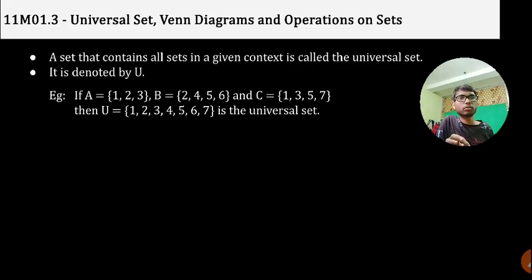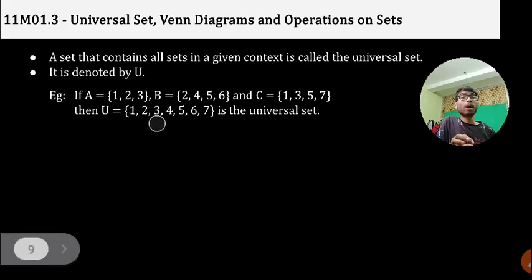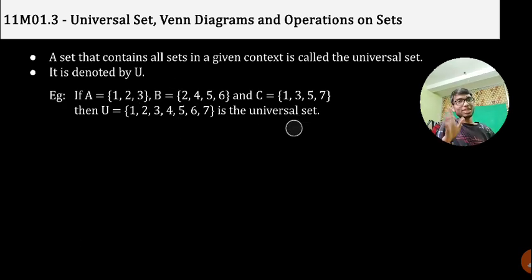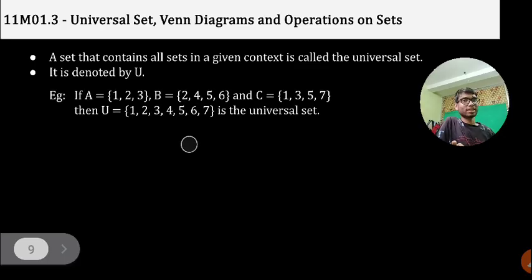Clear? So this is the universal set of these sets. This universal set is containing all these sets. This was the definition of a universal set.